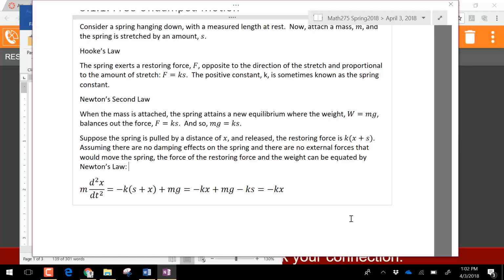We have the spring being pulled by some distance and then released. And so there's this thing that they're calling the restoring force.